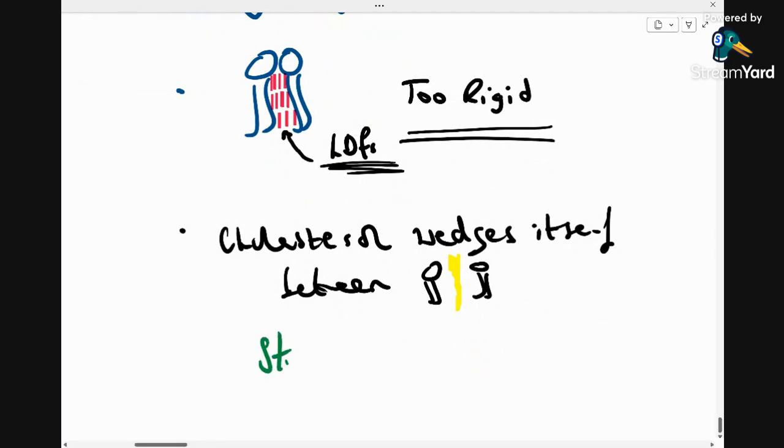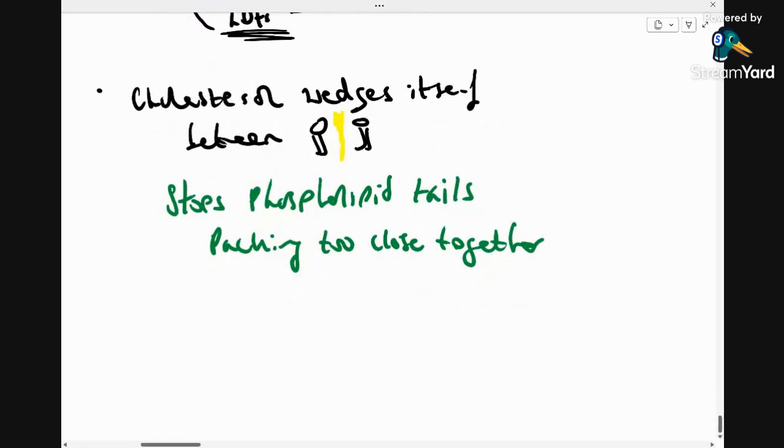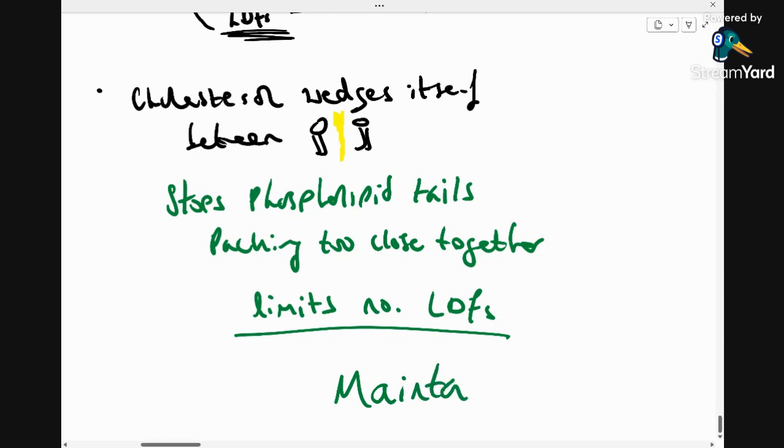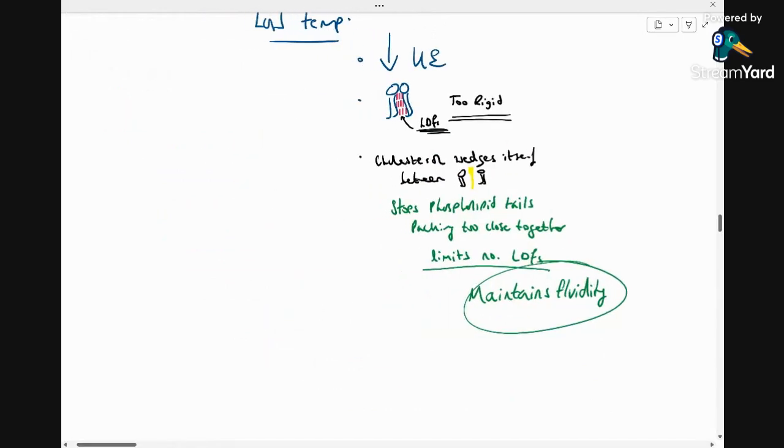It stops the hydrocarbon tails on the phospholipid from packing too closely together. And that limits the number of London dispersion forces between them and therefore maintains fluidity in the membrane.